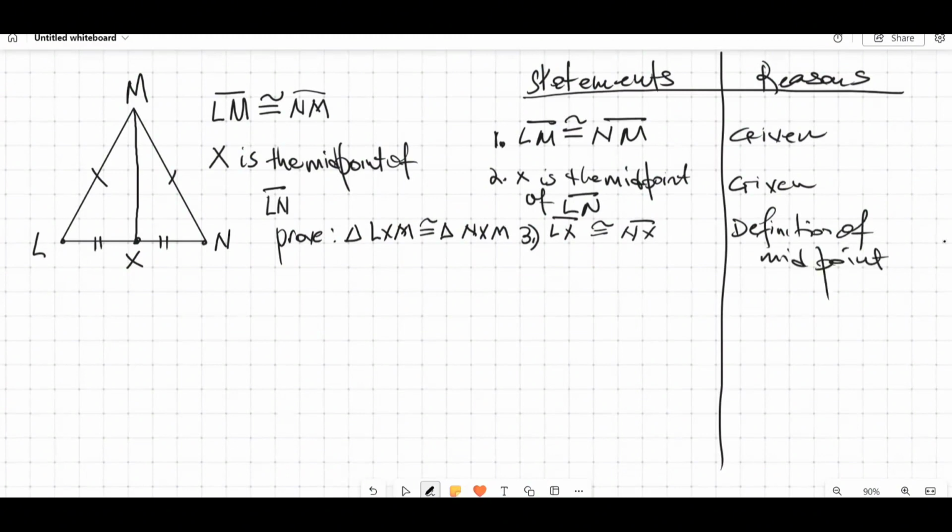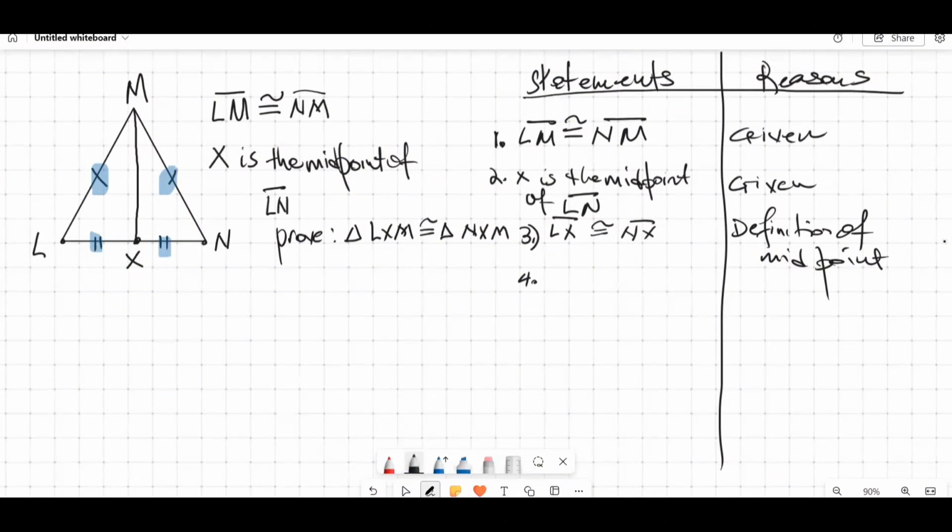Now, when we take a look at the situation, we need to prove that this triangle LXM is congruent to triangle NXM. Already we are seeing two pairs of congruent sides. But both of them are sharing the same side, MX.